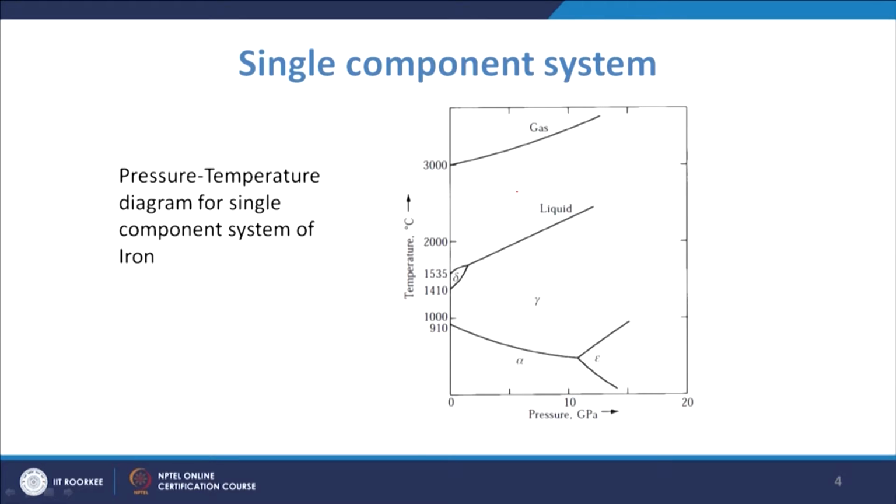It means your degree of freedom is 2. So you can independently vary, as long as you are in a single phase region, that is this region or this region or this region or this region.